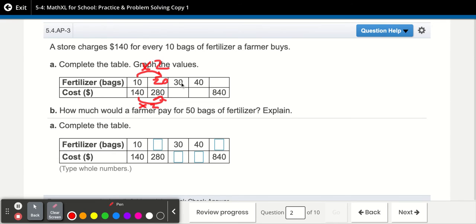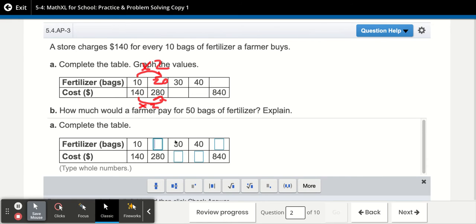And then you can see that we're counting by 10 each time, and so then we'll count up by 140 each time as well. So going down to our table, we can start filling that in. We have 10, 20, and then it's 140, plus 140 is 280, plus another 140 would be 420, plus another 140 would be 560.